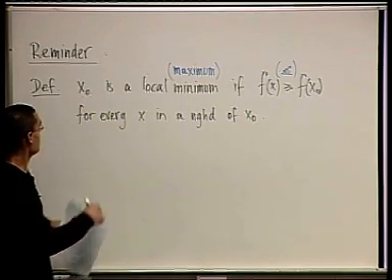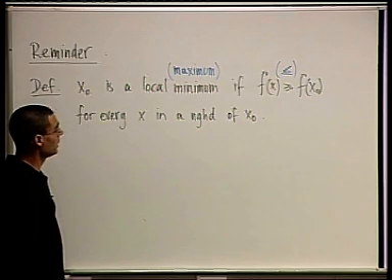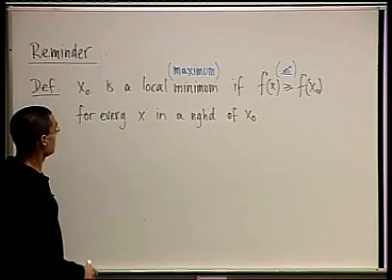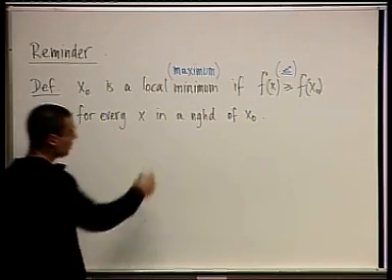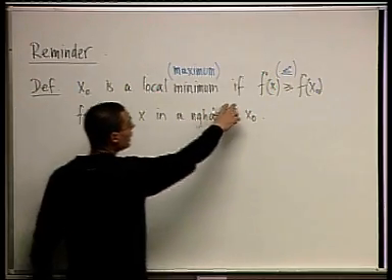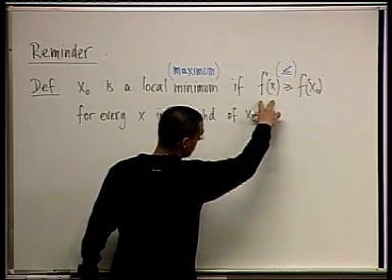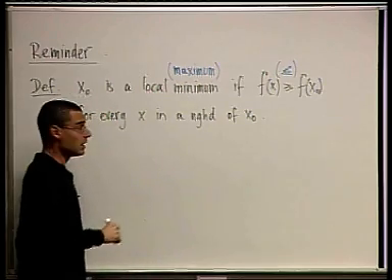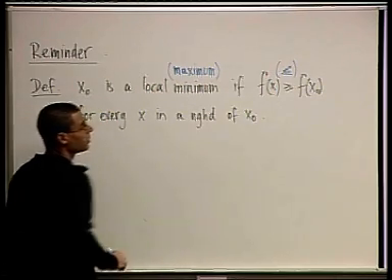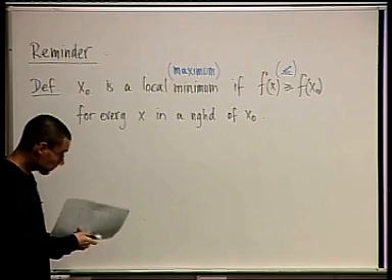So let me remind you the definition that we saw actually at the very beginning of the semester. A point x0 is called a local minimum or a local maximum, respectively, if the value of f at any other point x is greater than or equal to the value at x0, for every x in a neighborhood of x0.